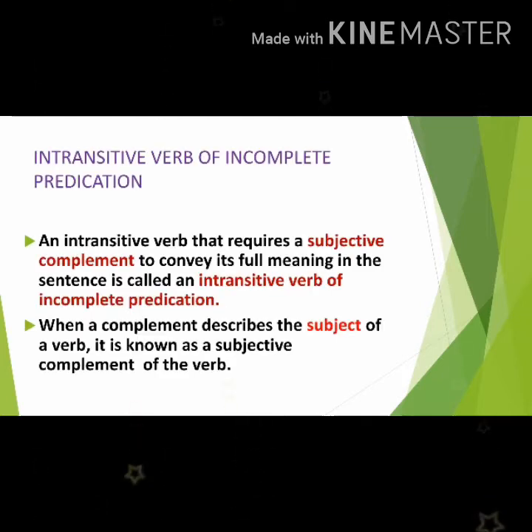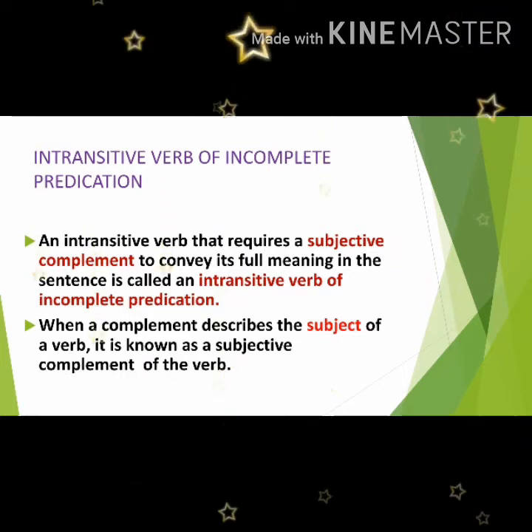Now let's move on to intransitive verb of incomplete predication. An intransitive verb that requires a subjective complement to convey its full meaning in the sentence is called an intransitive verb of incomplete predication.